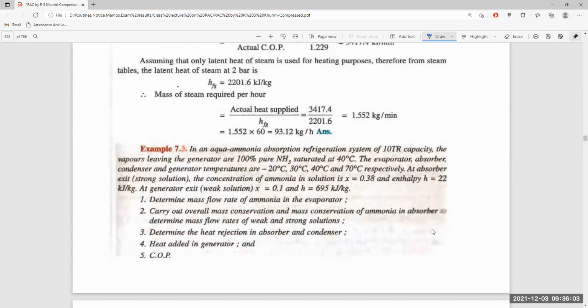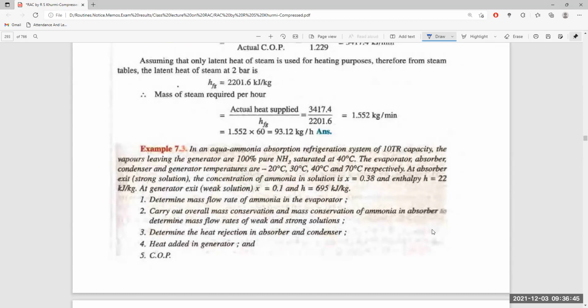In an aqua ammonia refrigeration system of 10-ton capacity, the vapors leaving the generator are 100% pure NH3, saturated at 40 degrees centigrade. The evaporator temperature is minus 20 degrees, absorber temperature 30 degrees centigrade, condenser temperature 40, and generator temperature is 70 degrees centigrade. At the absorber exit, the concentration of ammonia is taken as 0.38 and enthalpy is 22 kcal per kg.